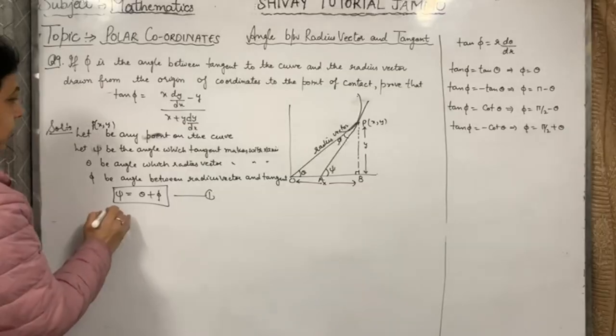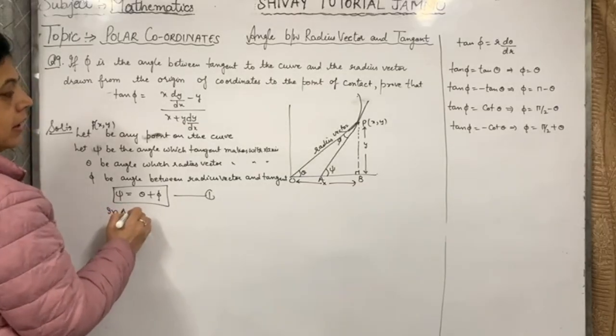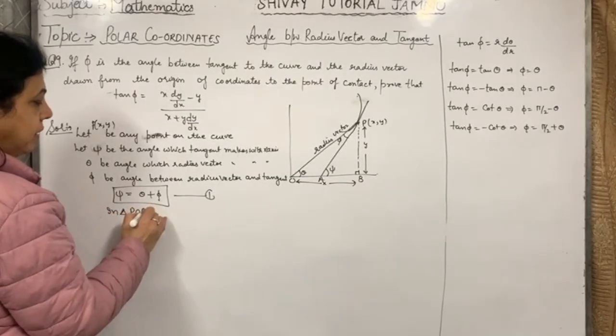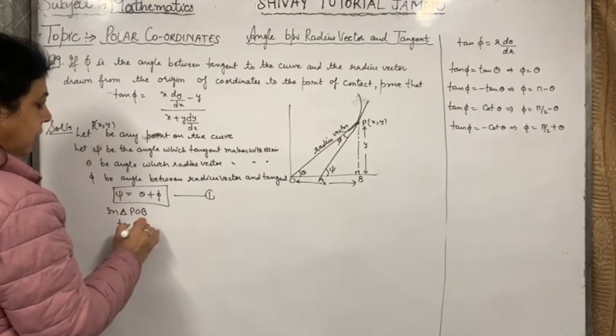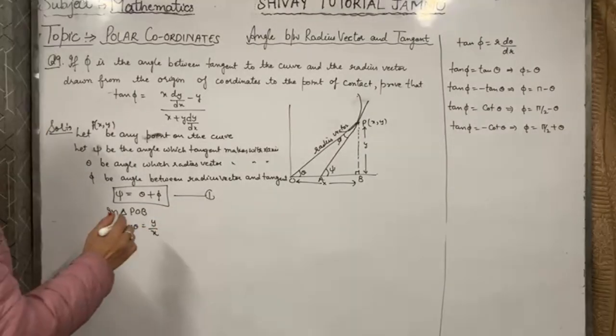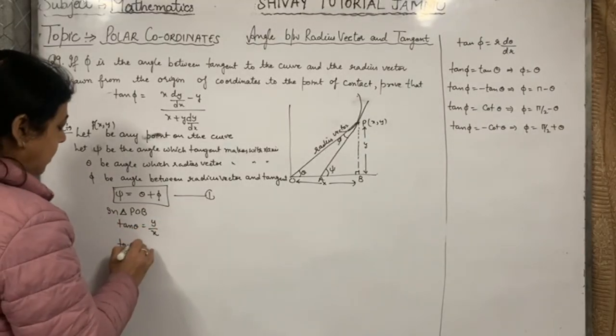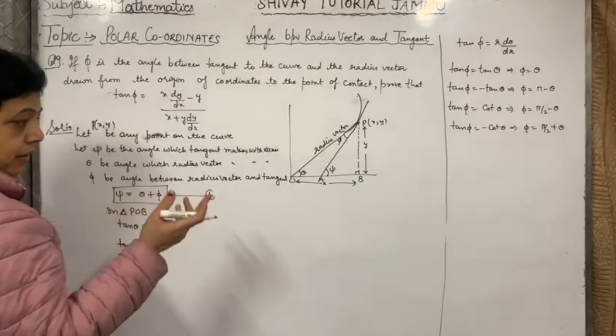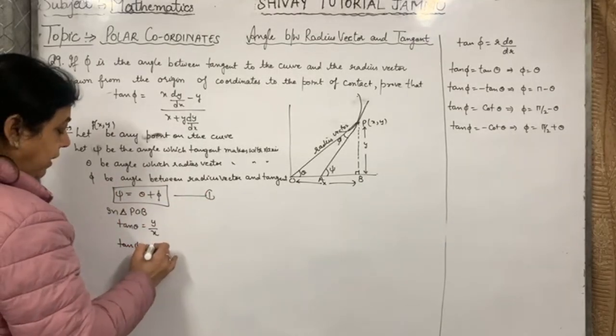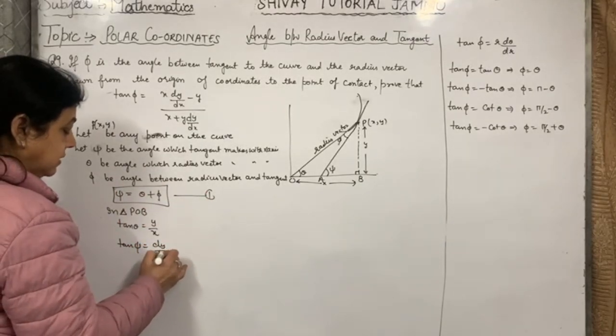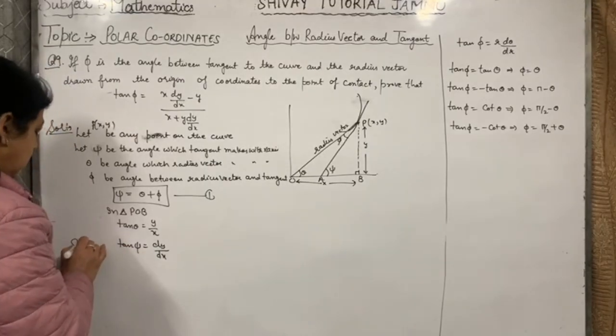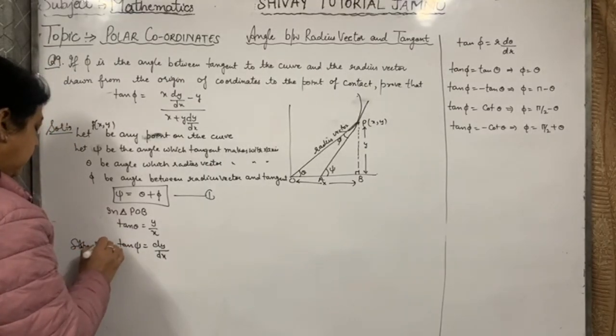Okay. In triangle POB, tan theta is y upon x and tan psi, that is the tangent, and slope of tangent is dy by dx. This is the slope of tangent.